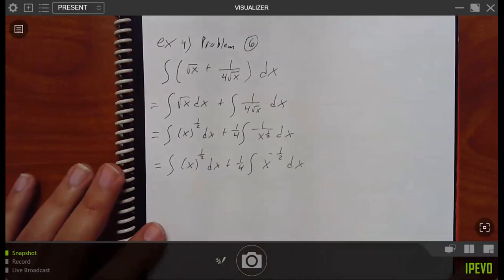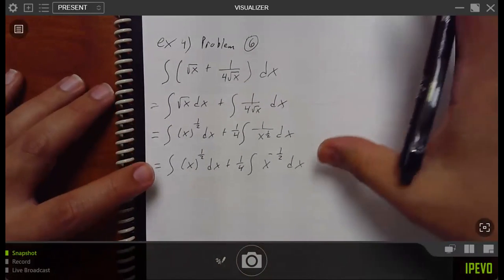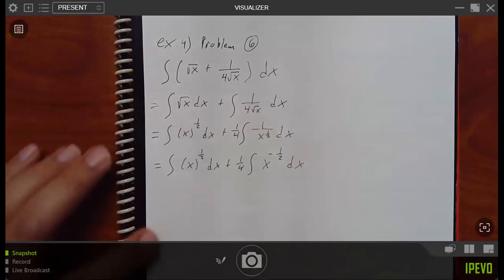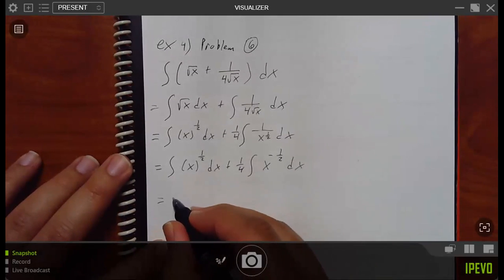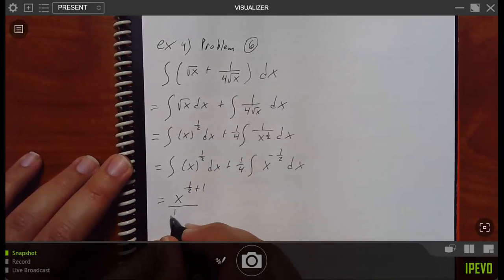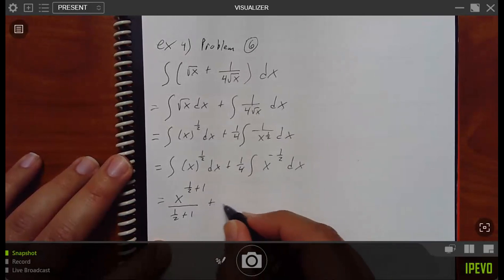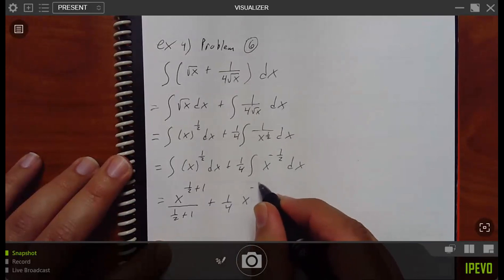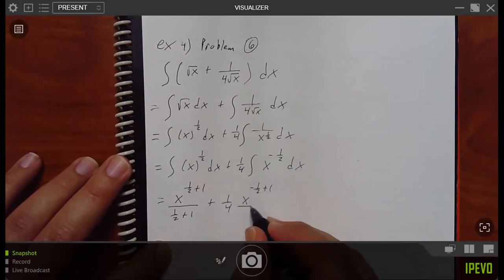So now we're all ready. We're in the form that will let us use the power rule straight up. Remove the integral symbols once you start integrating. So it's x to the 1/2 plus 1 over 1/2 plus 1, plus 1/4 times x to the -1/2 plus 1 over -1/2 plus 1.